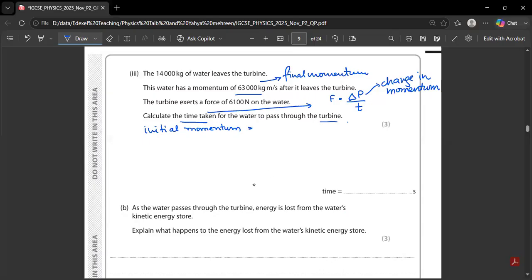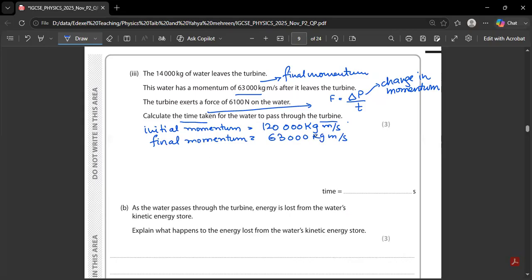Initially we have 120,000 kilogram meter per second, and the final momentum is 63,000 kilogram meter per second, right?